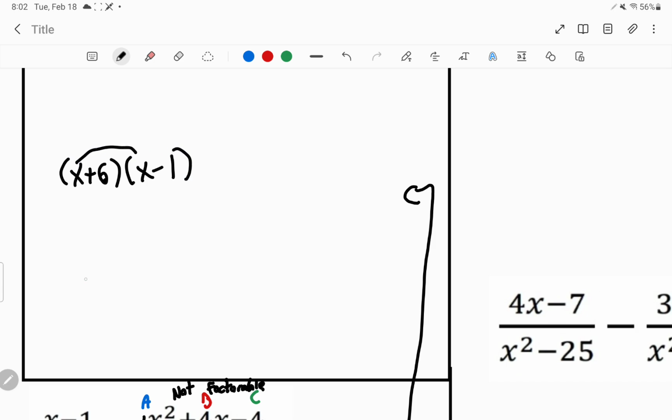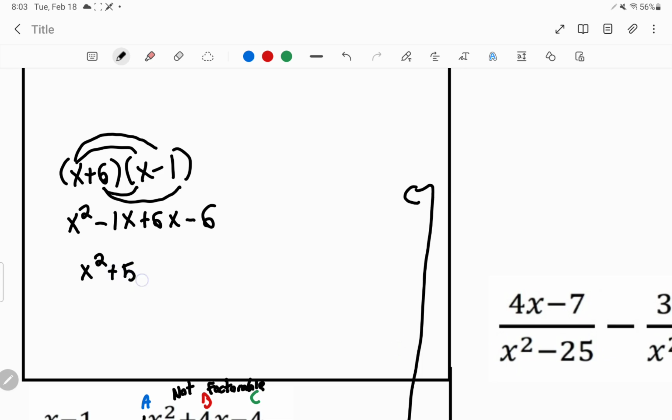We do x times x, which is x squared. We do x times negative 1, which is negative 1x. Now 6 times x is plus 6x. And now 6 times negative 1 is negative 6. We combine like terms, so I'm going to end up with x squared plus 5x minus 6.